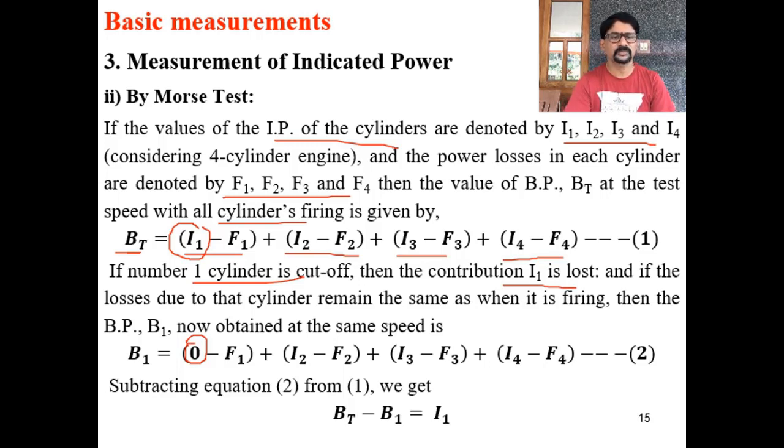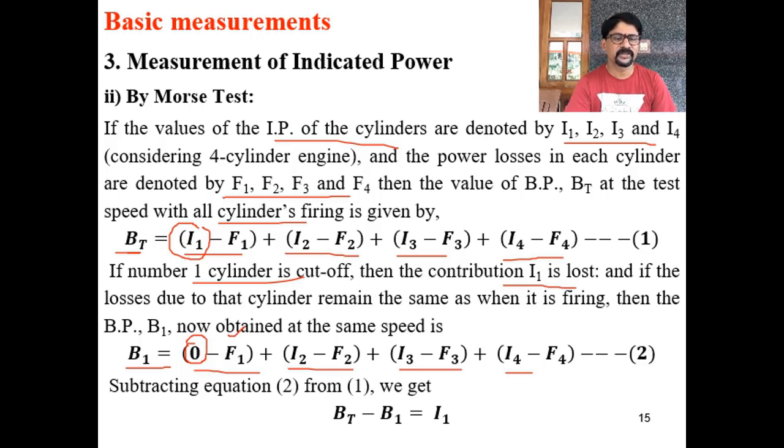Then the brake power developed when one of the cylinders is cut off is given by 0 minus F1, that is the friction loss of the first cylinder which is cut off. Then the brake power of the second cylinder I2 minus F2, third cylinder I3 minus F3 and fourth cylinder I4 minus F4 will remain the same, and the brake power will be less than the total brake power.